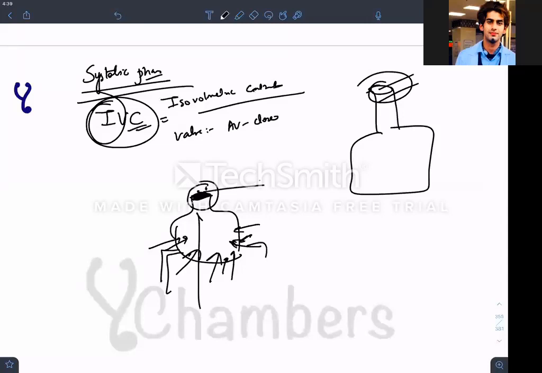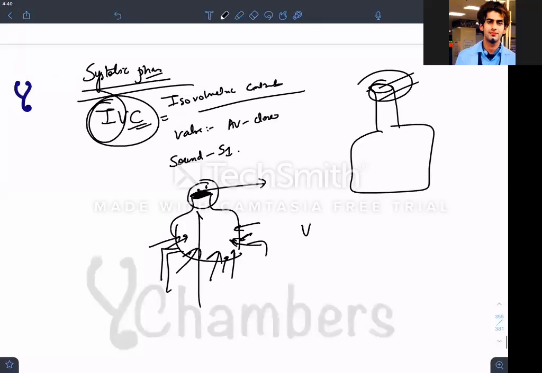Which sound is produced, guys? The sound produced is S1. That's a beautiful concept. The S1 sound is produced because of the increase in ventricular pressure. Ventricular pressure becomes greater than the atrial pressure, so AV valves will close, and this produces the first heart sound.